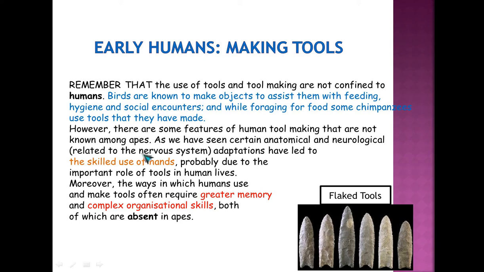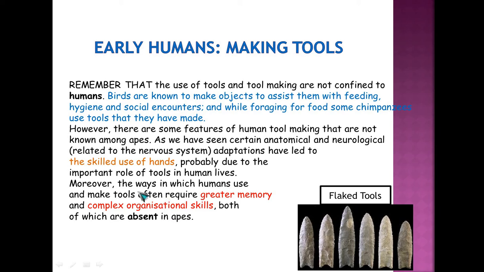So when there is an evolution, there is a change in the structure of human beings and also in the nervous system. So definitely the structure of the hands keeps changing, and gradually the skills that the hand masters will also change. And probably it is due to the important role of tools that human beings have always been using.